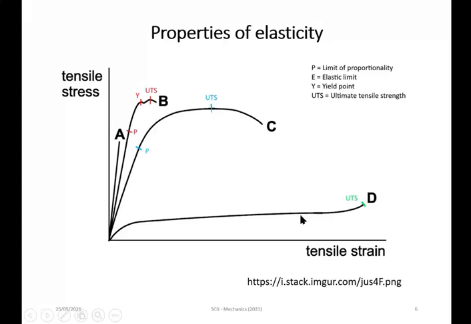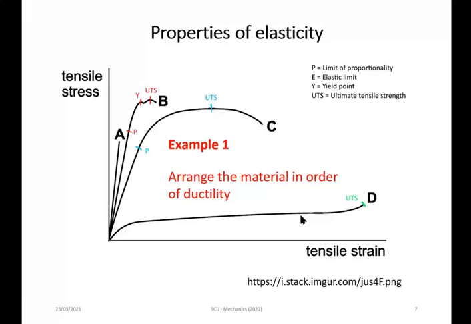Okay. Now let's move on to our examples. Example 1. I want you to arrange the materials in order of ductility. You can start with the increasing order of ductility or the decreasing order of ductility.